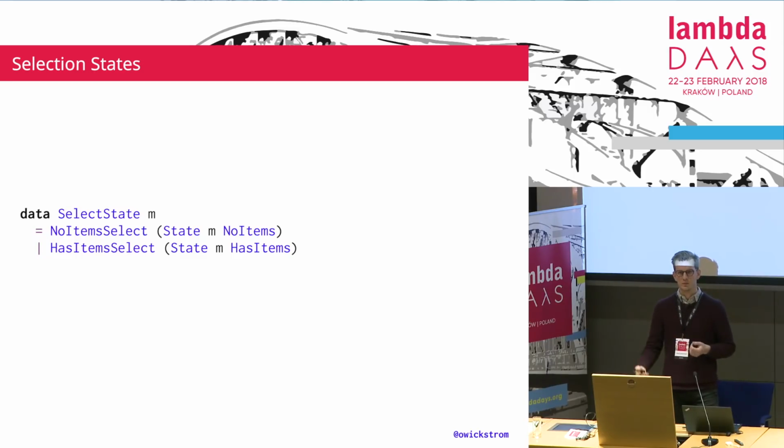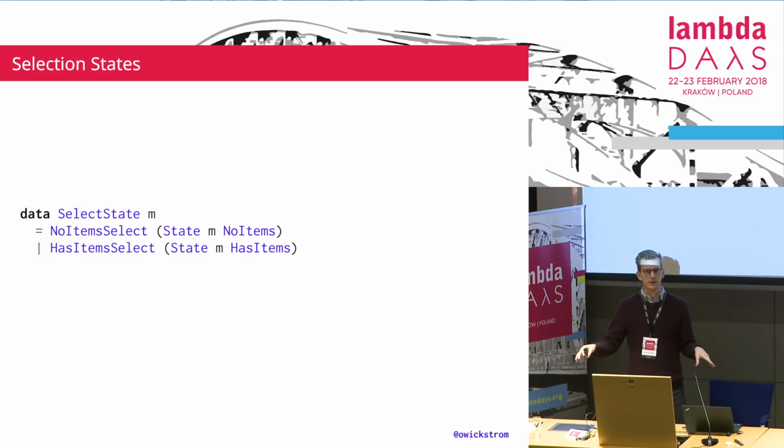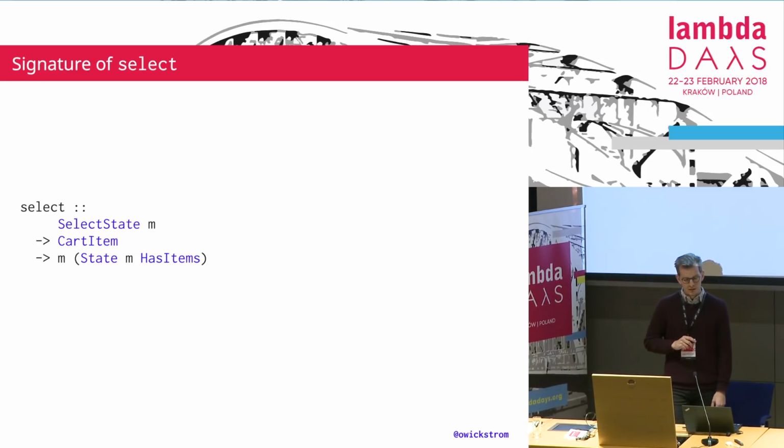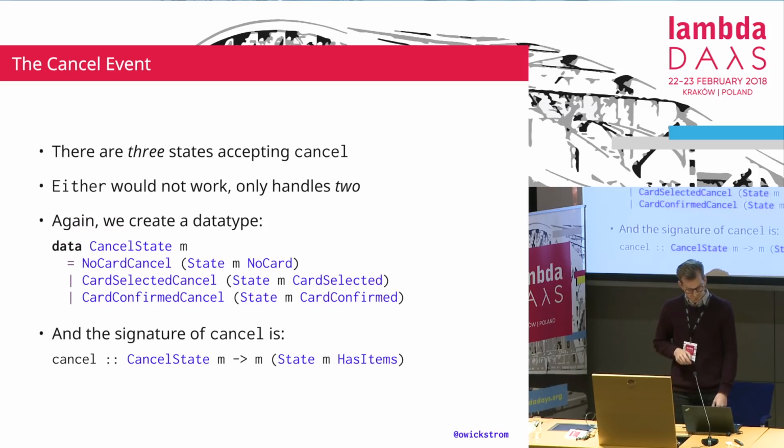This communicates what's going on better. So we define SelectState, and this has one constructor for each valid state where you can select one more item. We wrap two different types in a sum type like this. Then we pass a SelectState to select, and a cart item, the next item you want to select. And we get back the has item state. So we have two source states in the event and one state on the outside, on the return.